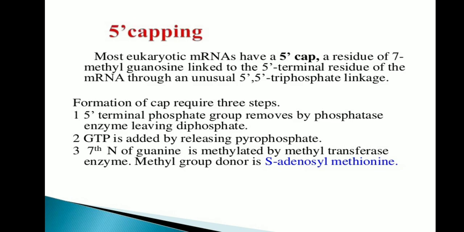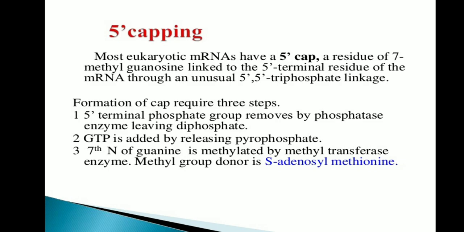Yes, a residue of 7-methyl guanosine linked to the 5 prime terminal residue of the mRNA through an unusual 5 prime triphosphate linkage. So here the formation of the cap requires 3 steps.